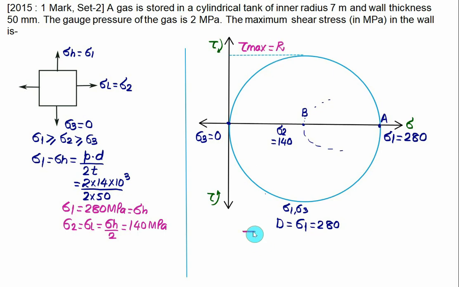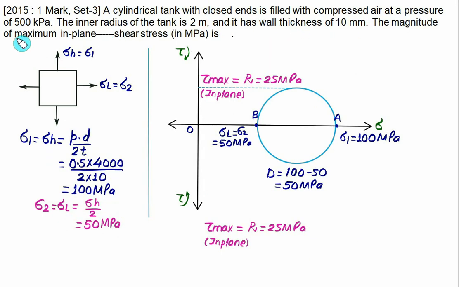So we have the maximum absolute shear, which is equal to the radius r, that is the diameter divided by 2. That is 280 divided by 2, equal to 140 megapascal. Check whether the question is interested in the maximum shear stress or in the maximum in-plane shear stress.